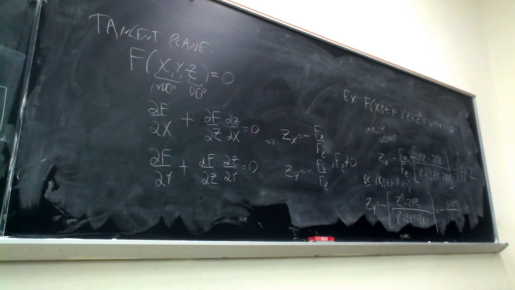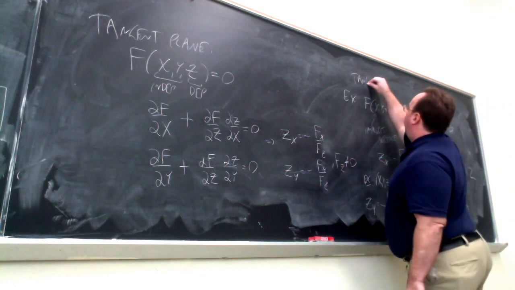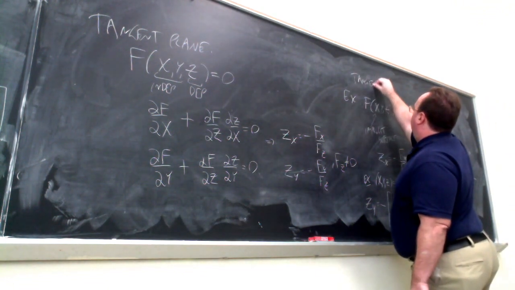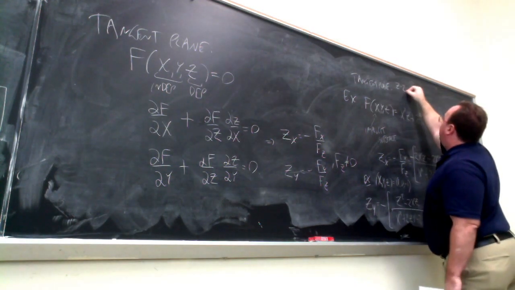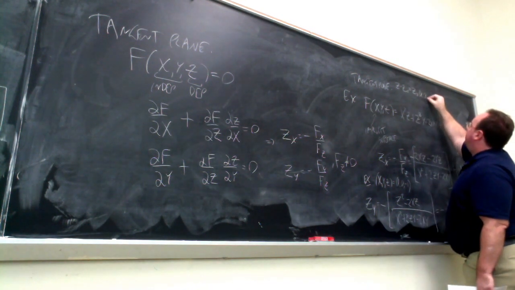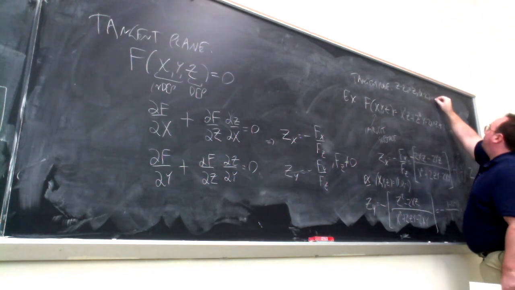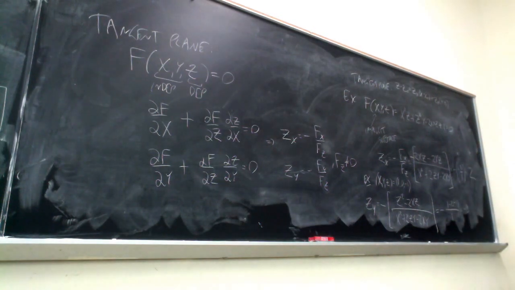First, any questions about how we got these numbers before I do anything with them? Now, what do we actually do with them? You can now write the equation of a tangent plane. So at this point, the general equation is z minus z naught equals partial of z with respect to x times a change in x, x minus x naught, plus partial of z with respect to y times y minus y naught.